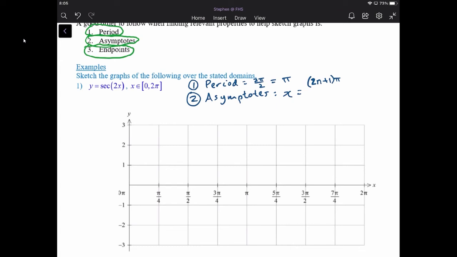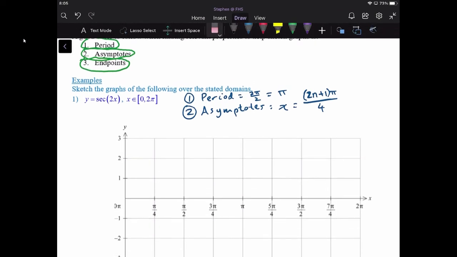Because we're halving the period, we need to halve the asymptotes as well. So they'll now end up at all odd multiples of pi on 4. In other words, they'll be at pi on 4, 3 pi on 4, 5 pi on 4, and 7 pi on 4. Okay, so that's really what happened.